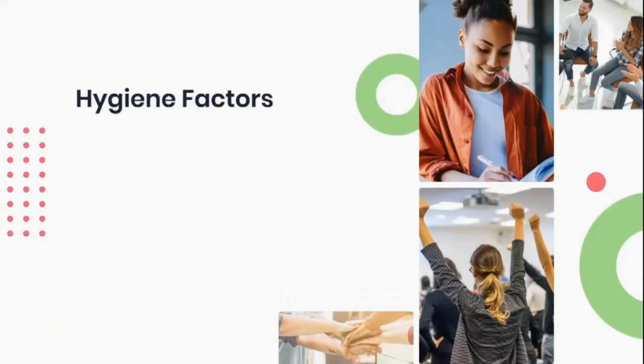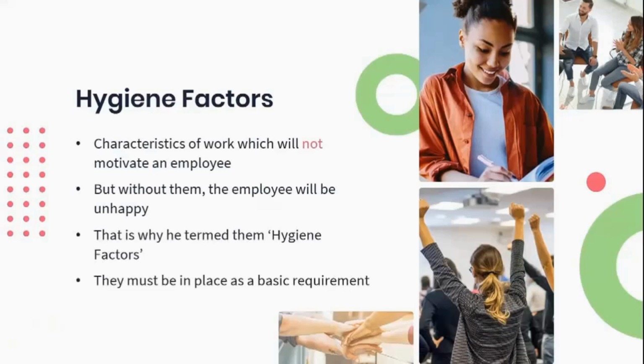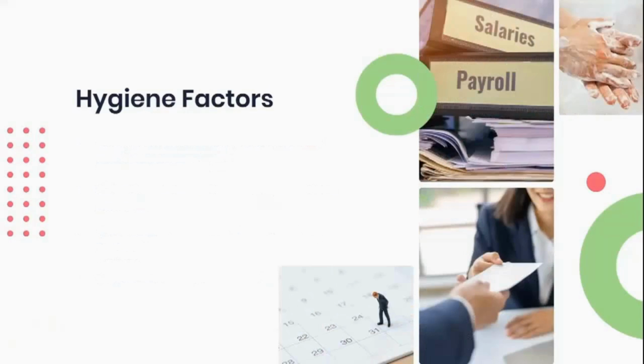Herzberg then said that there are characteristics of work which will not motivate employees, but if they are not in place or if they are substandard, they will demotivate the employee as a result of his or her dissatisfaction. He called these hygiene factors, which means that they are a basic requirement, but alone they won't motivate people.